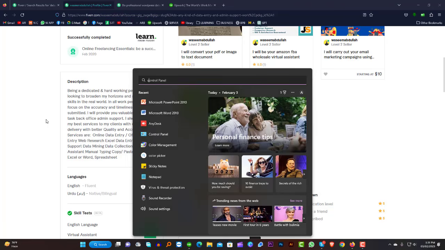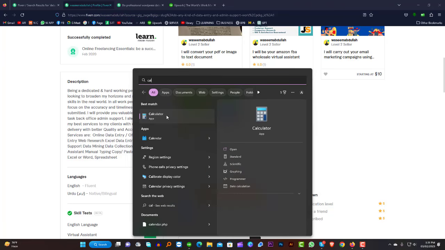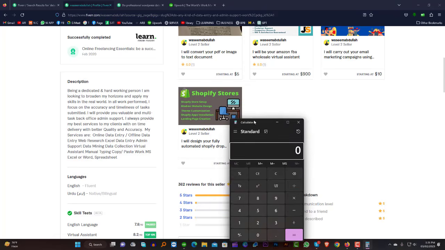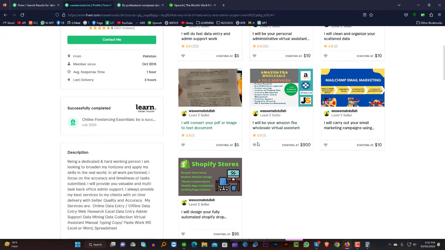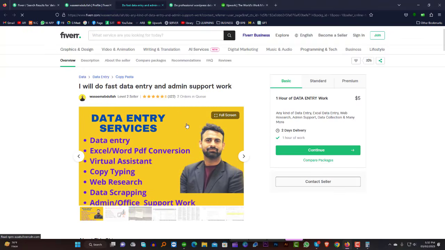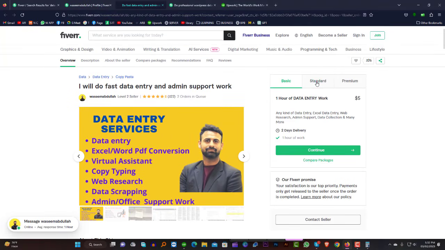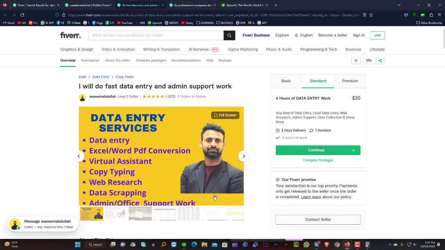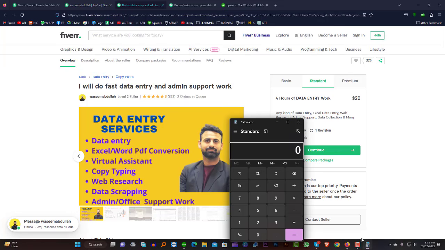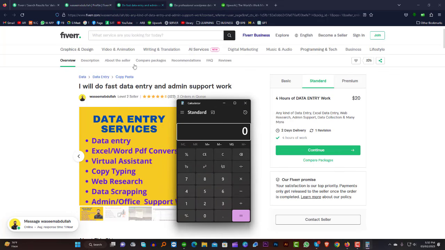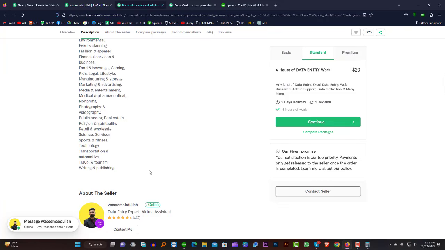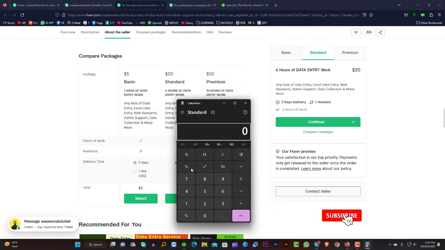So first of all, we want to open our calculator. He has completed a minimum of 500 projects, and the standard rate is 20. So 500 times 20, this is $10,000 he has already earned.